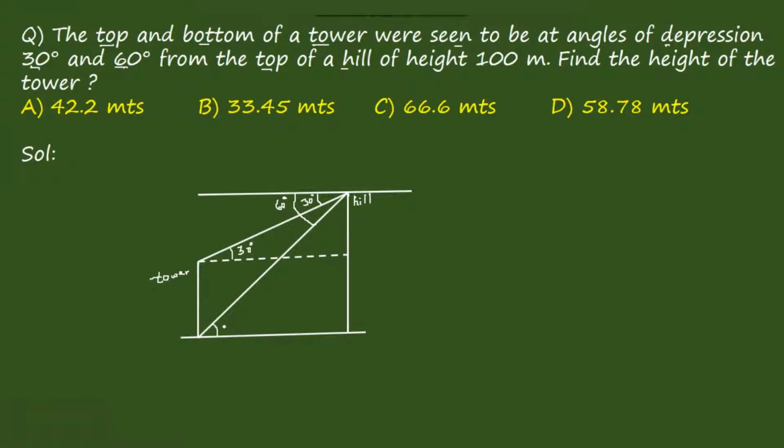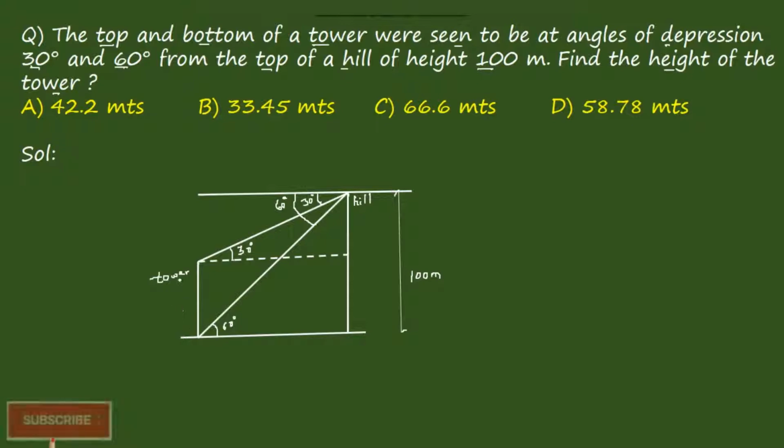The angle here is 30 degrees, the same angle will be coming here also. The height of the hill is 100 meters, they are saying. Find the height of the tower.